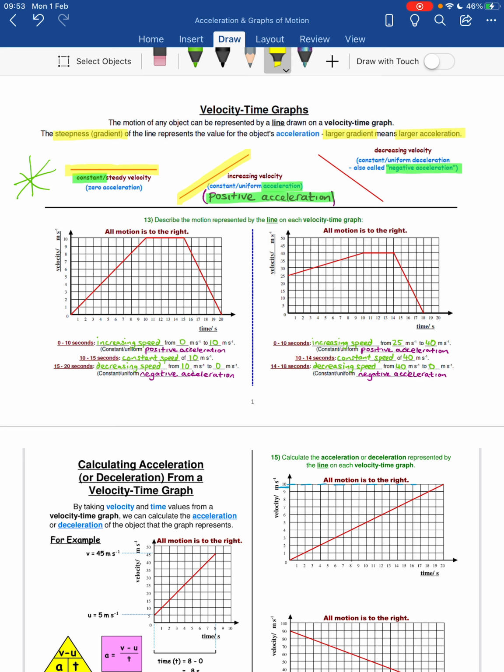And finally, if the line is going diagonally downwards like this, we say the object is decreasing speed, and that's what we would call negative acceleration. So have a read through page 1 to make sure that you're able to describe the motion from a graph.